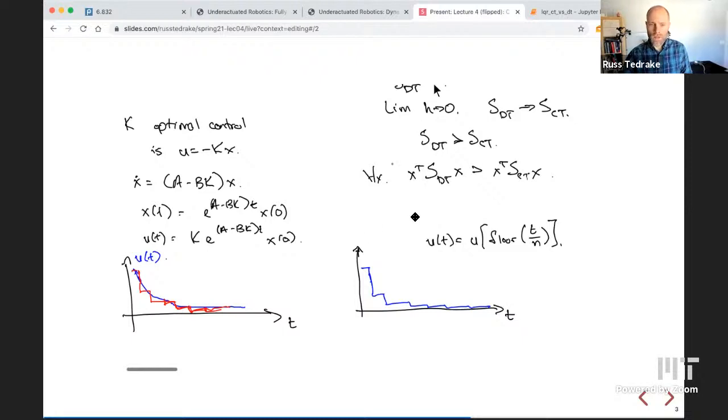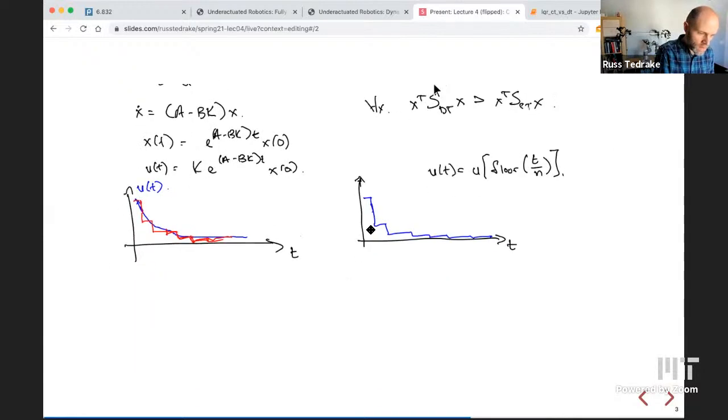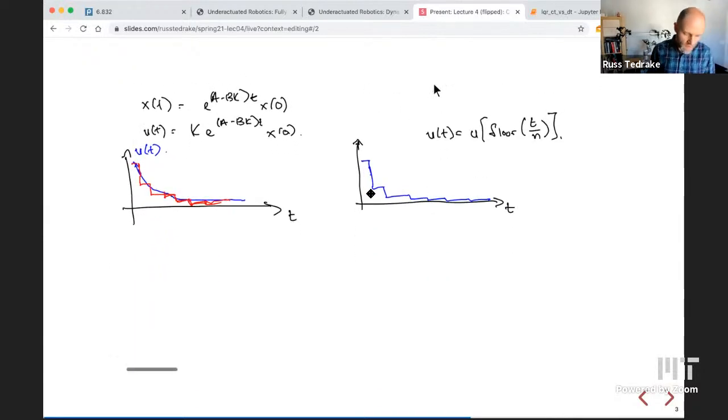Okay, so let me just say that important point again here, which is that the one on the right here is more constrained than the one on the left.